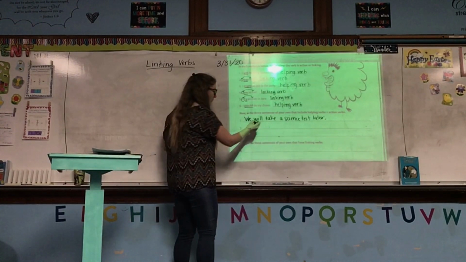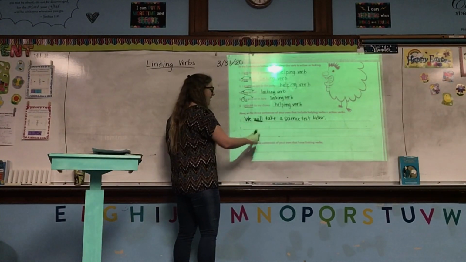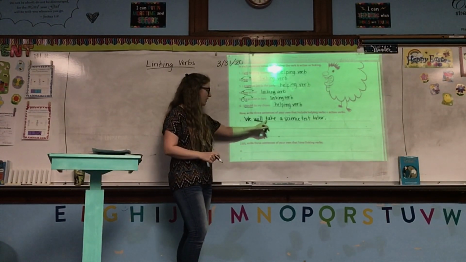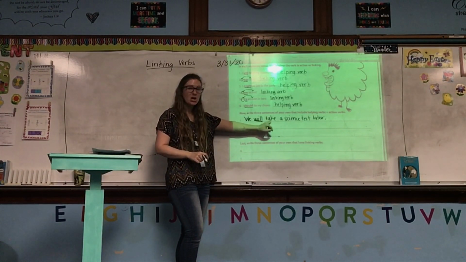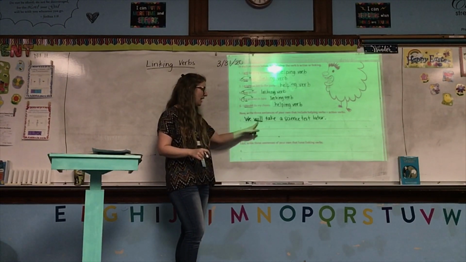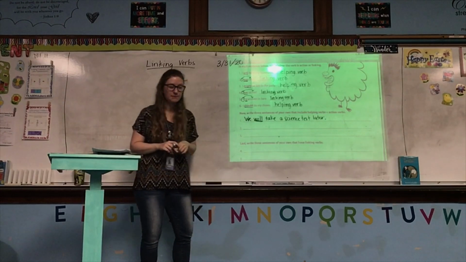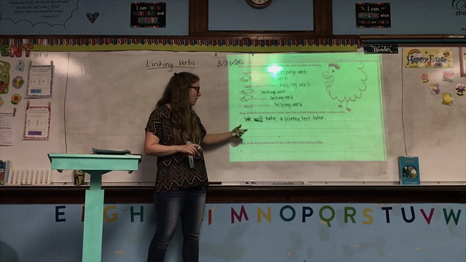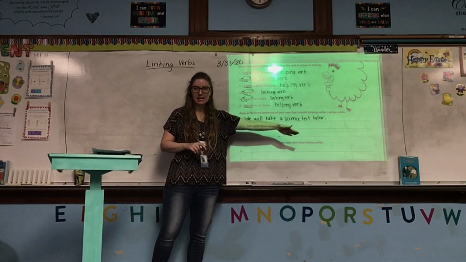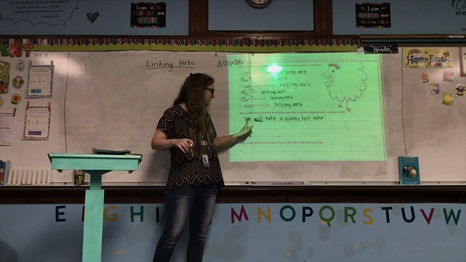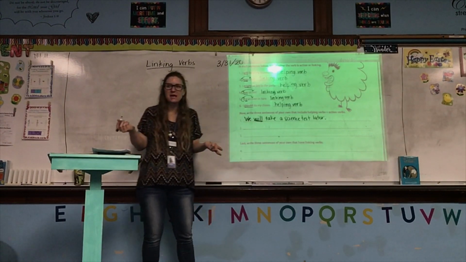We have the verb will followed by the verb take, so that means will is helping take to be a helping verb. We will take a science test later. You can say, we take a science test, and it makes sense. You have to take off the later, otherwise it doesn't. But you can say, we take a science test, and it makes some sense.